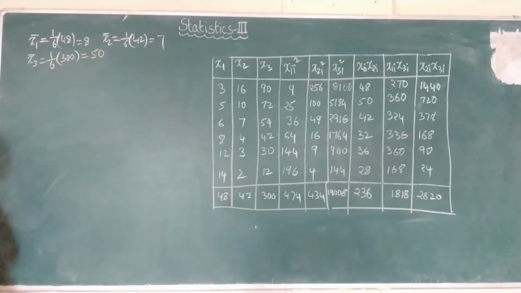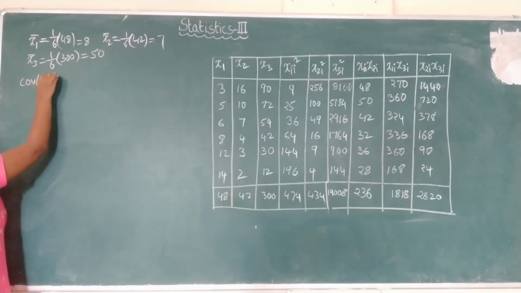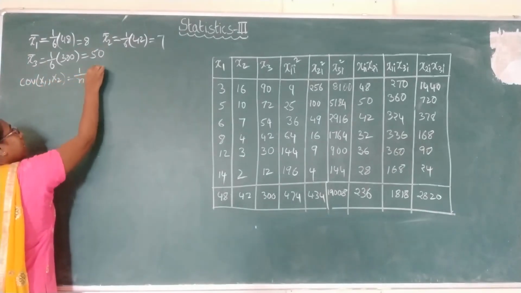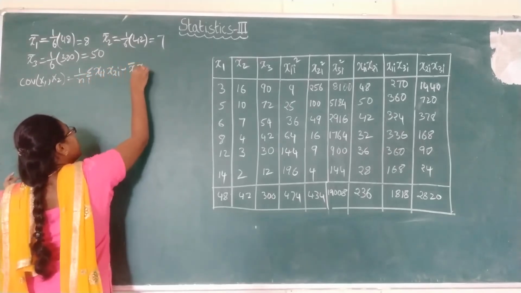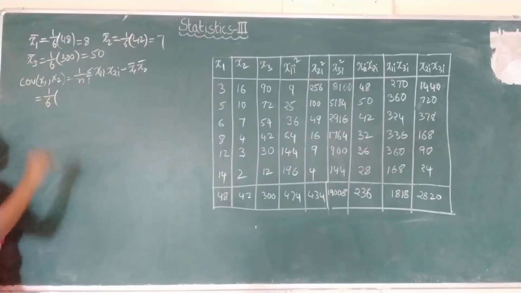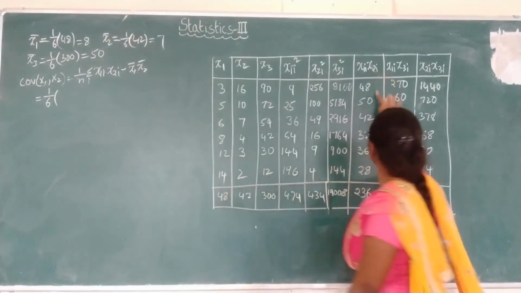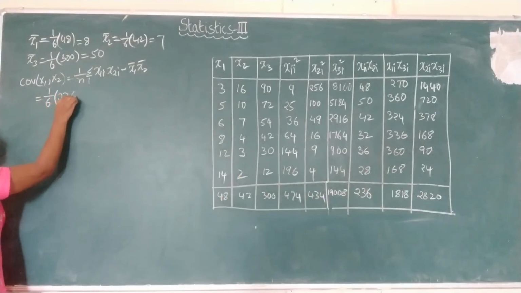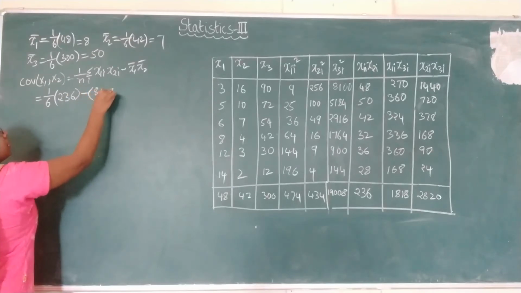Next I will be finding the covariance terms. So first covariance of x1, x2. Covariance of x1, x2 means 1 by n summation over i of x1i x2i minus x1 bar into x2 bar. That is 1 by 6 summation x1 x2, the summation is 236, minus x1 bar is 8 into x2 bar is 7.